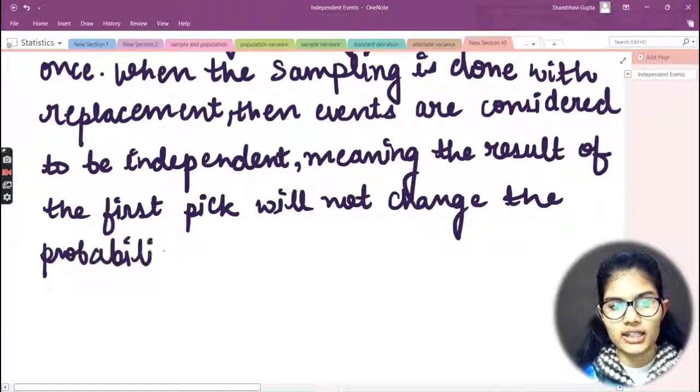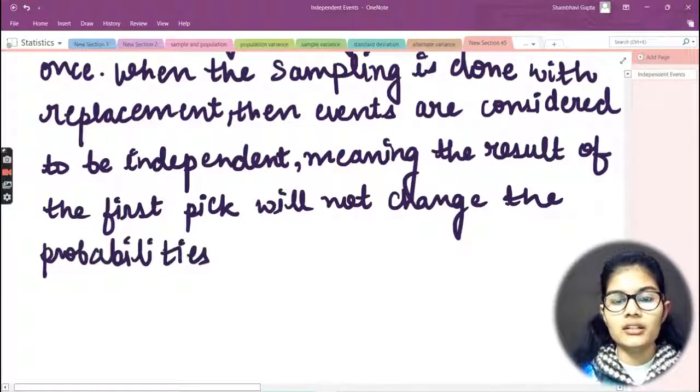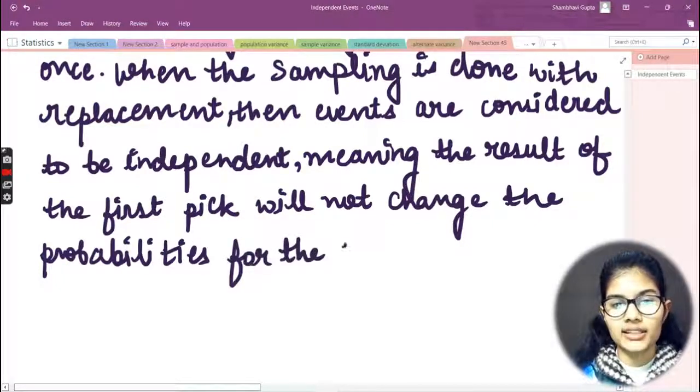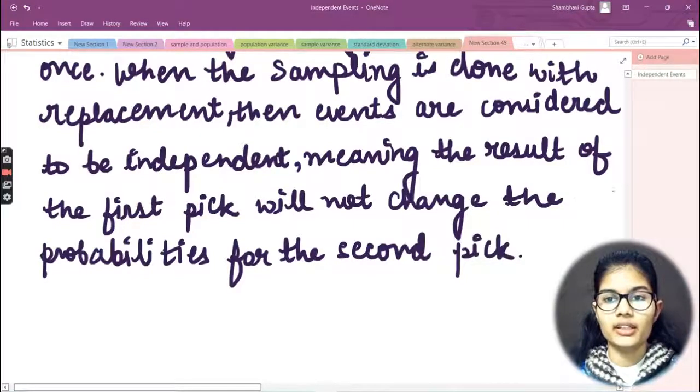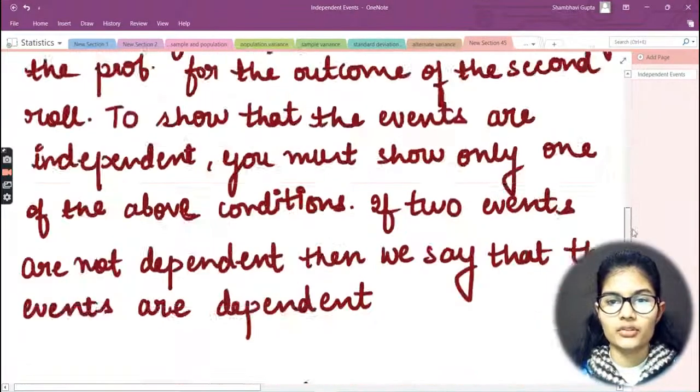Okay, then if the sampling is done with replacement, then events are considered to be independent, meaning the result of the first pick will not change the probabilities for the second pick.